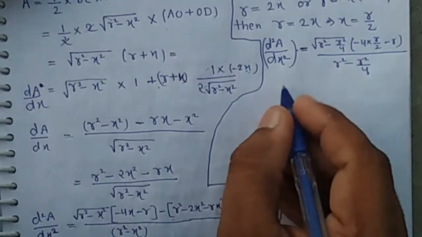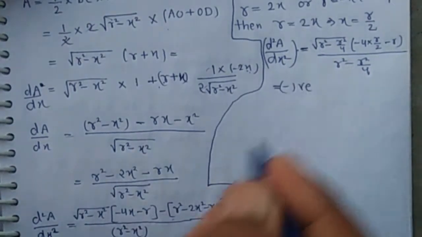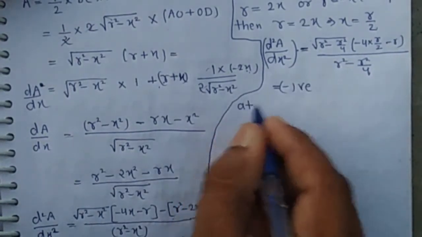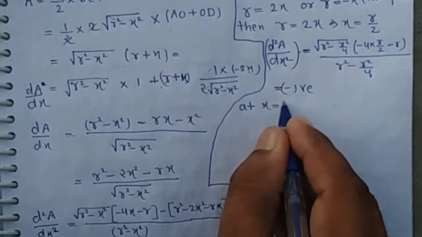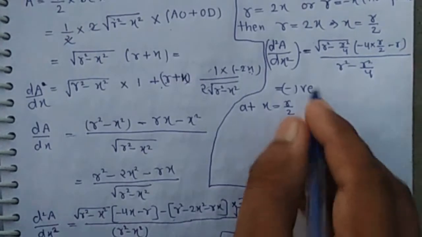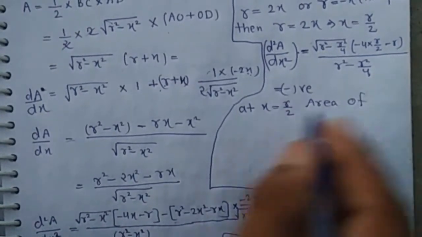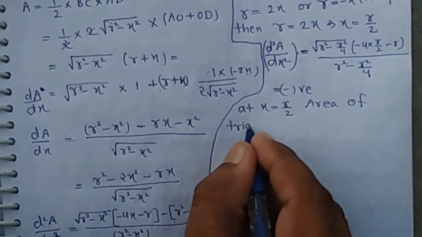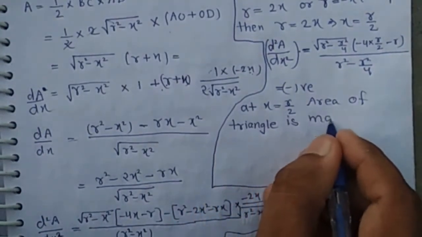Clearly it is negative, means at x equal to R by 2, the area of the triangle is maximum.